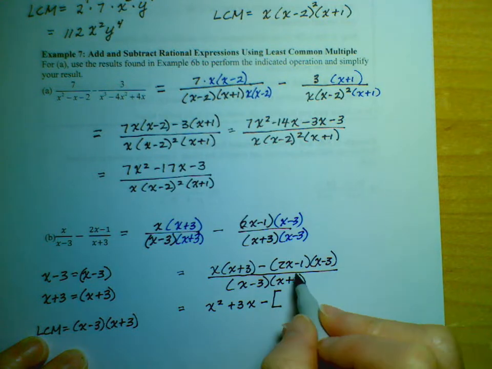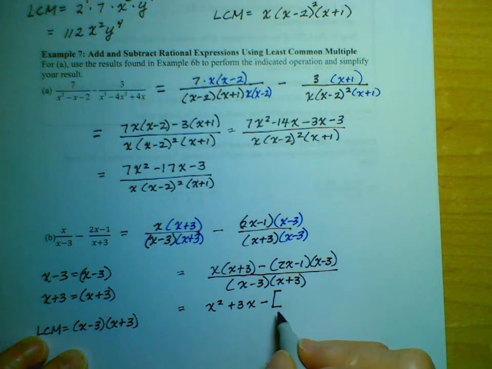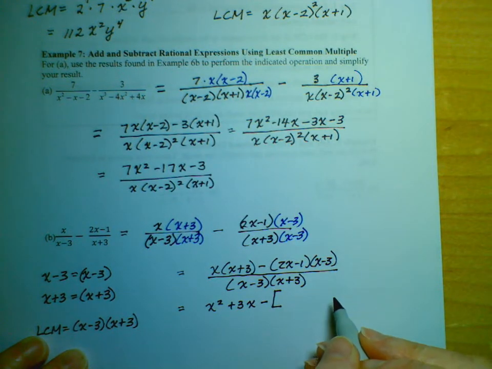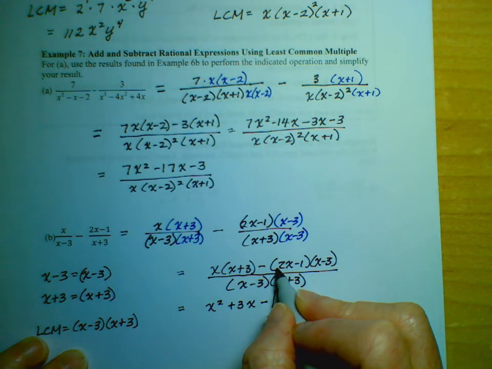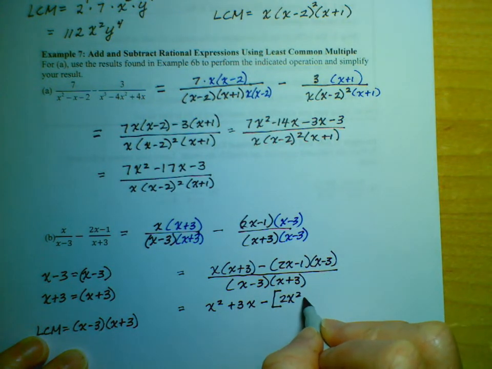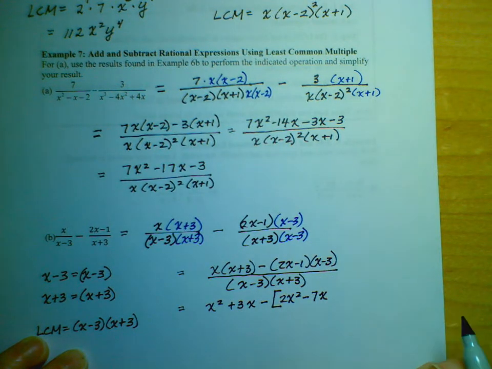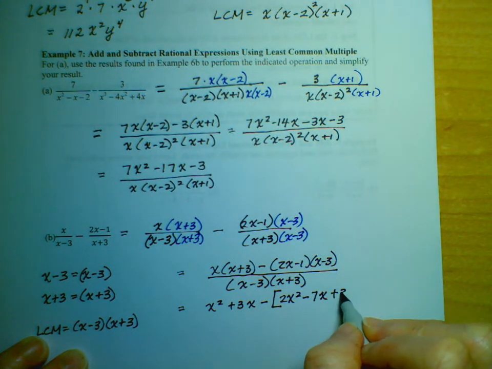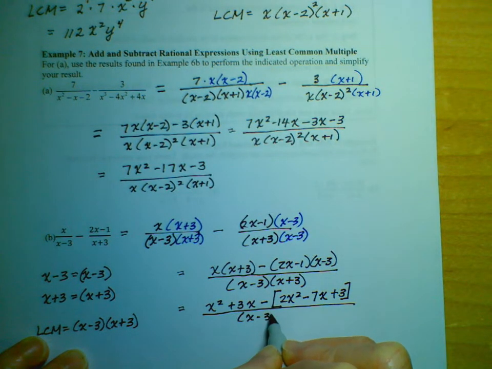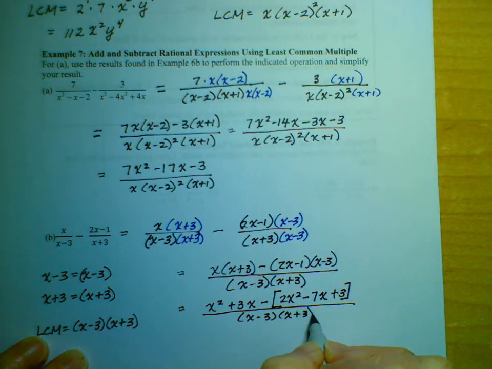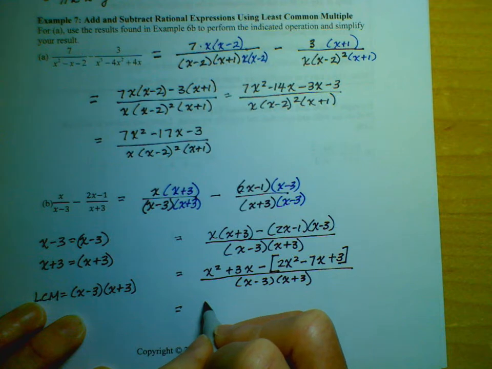I'm going to use big old brackets and do my foiling because that minus applies to everything that follows. So I want to make it clear that that's what's going to happen. So first times first, 2x squared, and then I've got negative 3x, negative 1x for a total of negative 7x. Outside, outside, inside, inside, and then last times last will give me a positive 3. That's all over our common denominator.